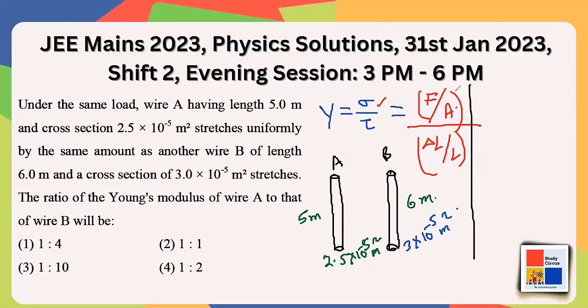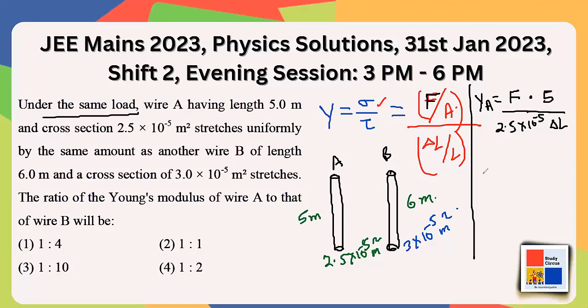So I will say that Young's modulus of A can be written as F. They are under the same load, so the force, the load, is the same. So F upon the area of cross section of A, 2.5 into 10 to the power minus 5, and delta L upon L. L will go in the numerator, L is 5 meters for this one.